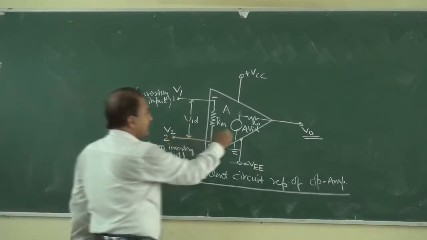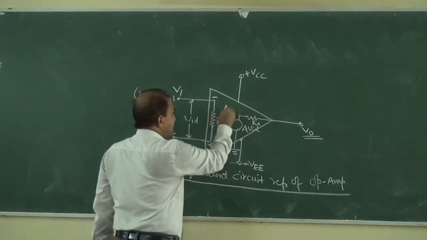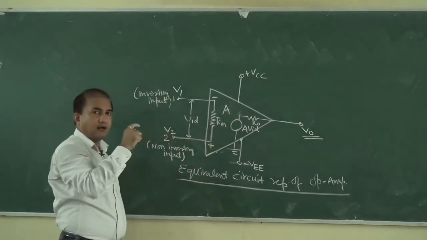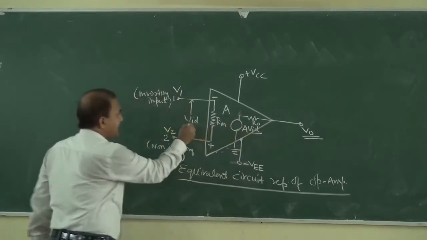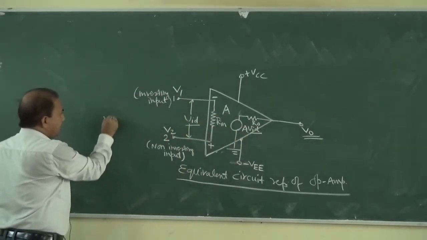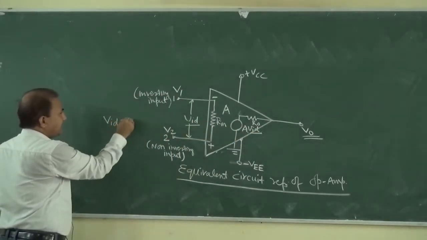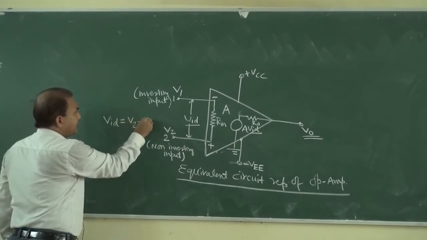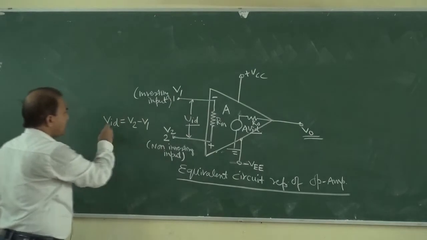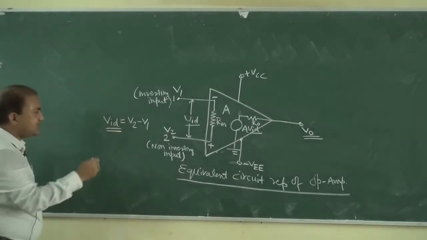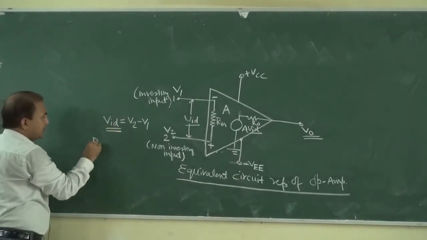What is A? A is the open loop gain of this operational amplifier, and this is VID. How can we write VID? It is equal to V2 minus V1. VID is the differential input voltage.